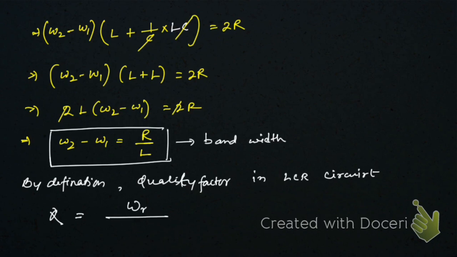That means the difference between the frequencies omega 2 minus omega 1, where the value of current becomes 1 by root 2 times the maximum value of current. So this is nothing but the quality factor in an LCR circuit. Hope you have understood these things.